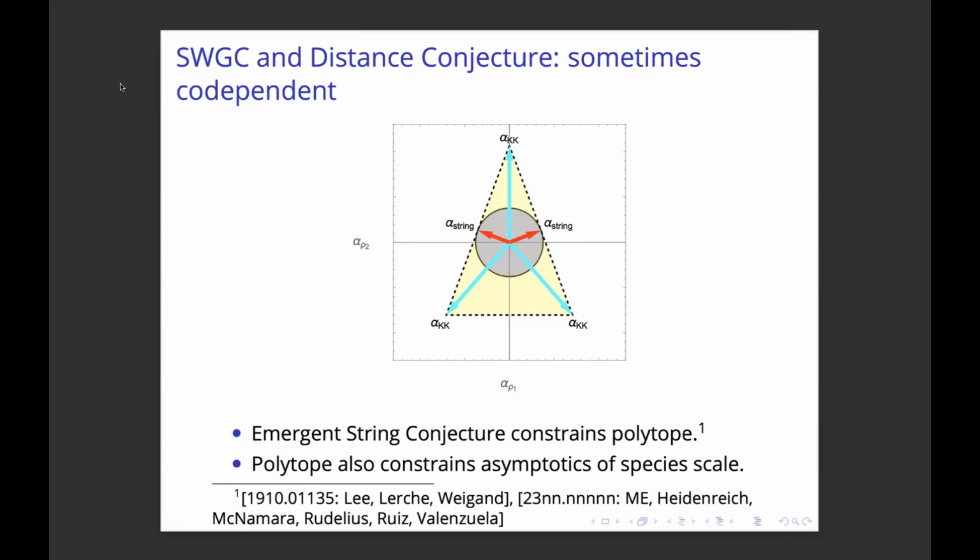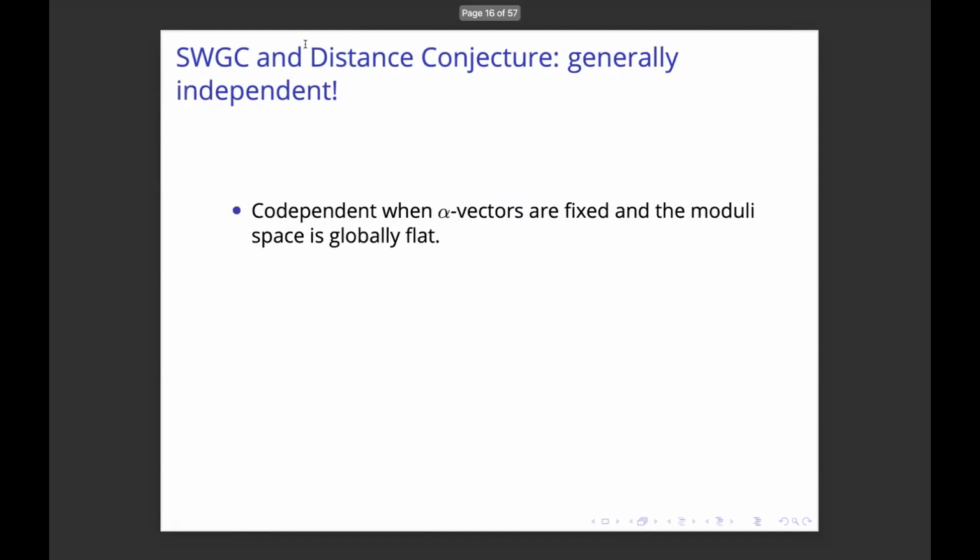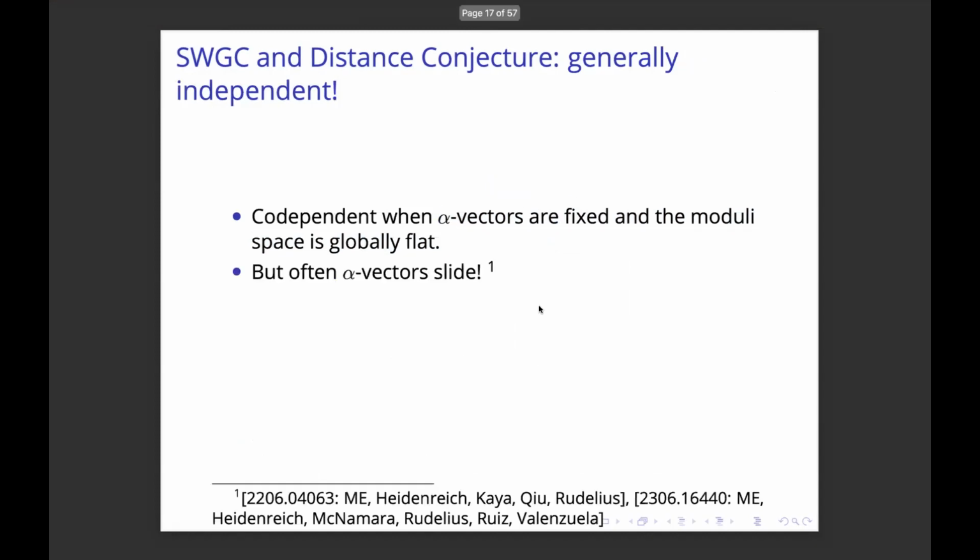Anyway, the takeaway here is that the scalar weak gravity conjecture and the distance conjecture are codependent when alpha vectors, or scalar charge to mass ratio vectors, are fixed and the moduli space is globally flat. However, alpha vectors often slide, even in flat moduli spaces.